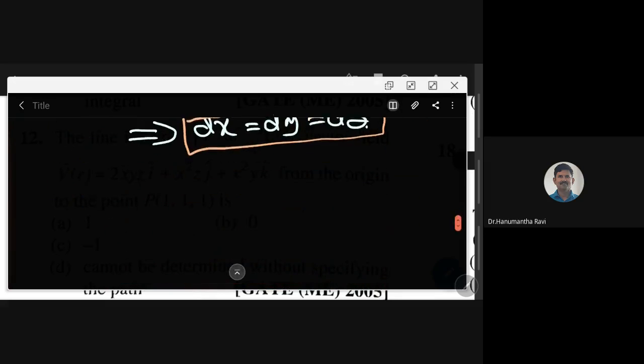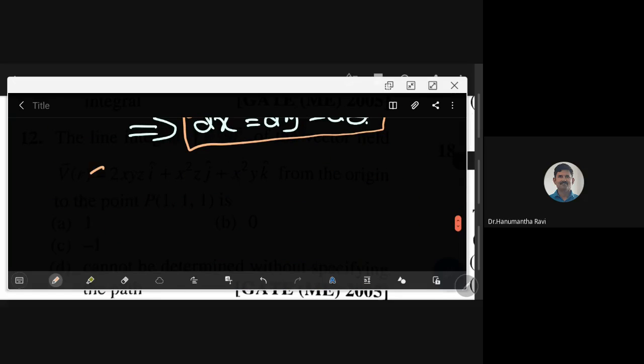Now this is what we have. We are asked to evaluate the integral of V bar dot dr bar.